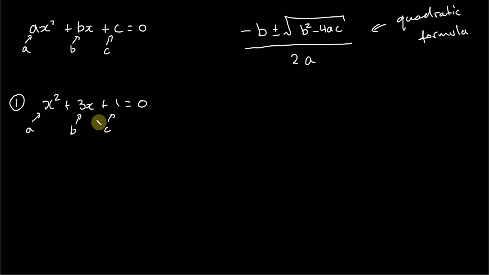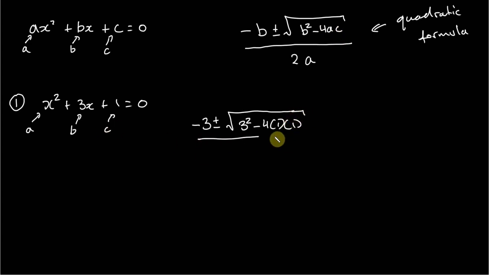Right, so we just plug that into our formula. So minus b, so it's going to be a negative 3 plus minus root of b squared. Well, we know that b is 3, so it's going to be 3 squared minus 4 times a. We know a is 1, and then it's also going to be times c, and we know that's 1.